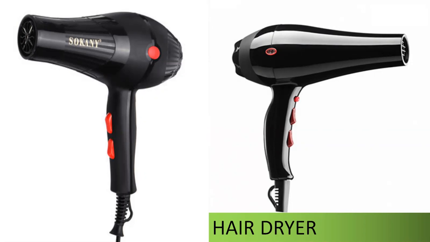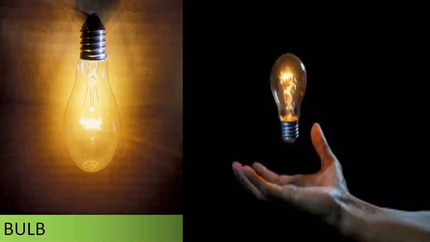And the girls very well know about hair dryers. Even the boys, they also use hair dryers. Next is the bulb. This is a lighted bulb, and you can see inside the bulb wirings are here. These are the wiring and they are the coil structure.